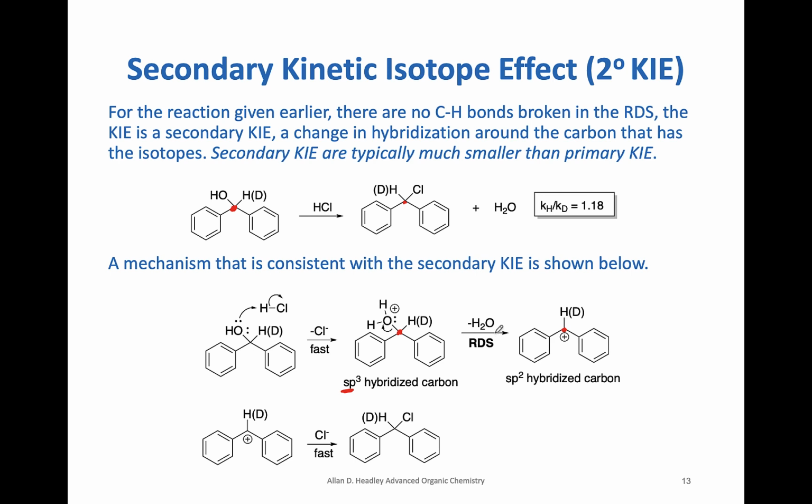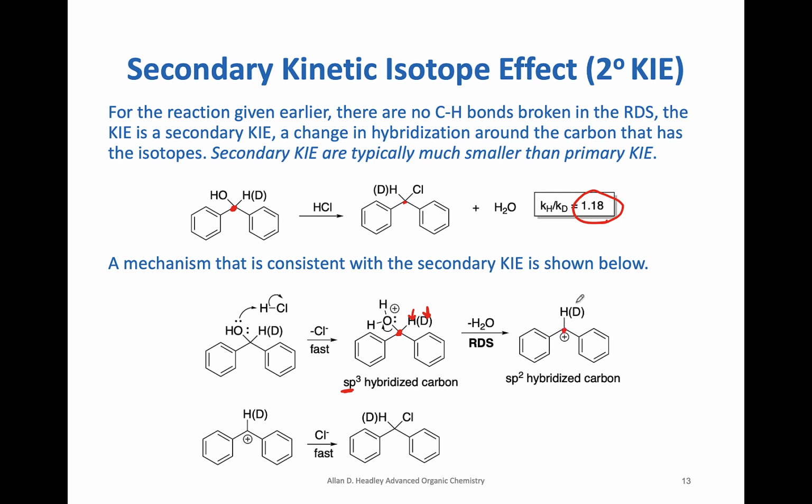A change in hybridization is reflected if we have an H versus a D in going from an sp3 to an sp2. Notice again that this value is much smaller than your primary kinetic isotope effect. As we can see from the vibrational mode, we're not breaking a bond this time, it's just a difference in vibrational mode in going from sp3 to sp2.